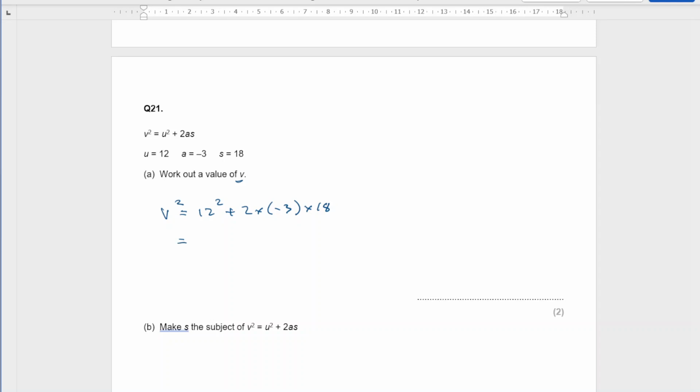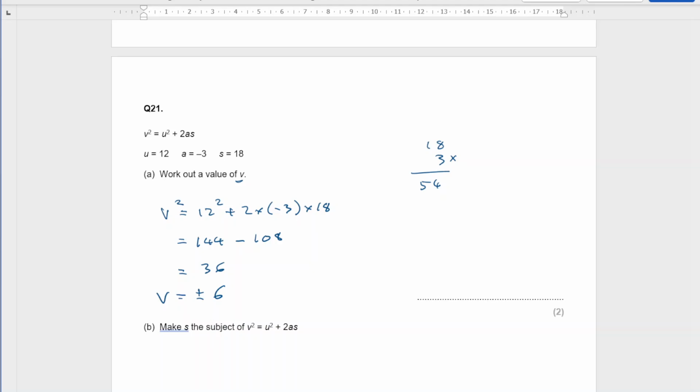So that is going to be equal to 144 plus, 18 times 3 is going to be 54. Let's just double check that. 54. So that's not a plus, that's going to be a minus 108. So that is going to be 36. So v is going to be equal to plus or minus 6.